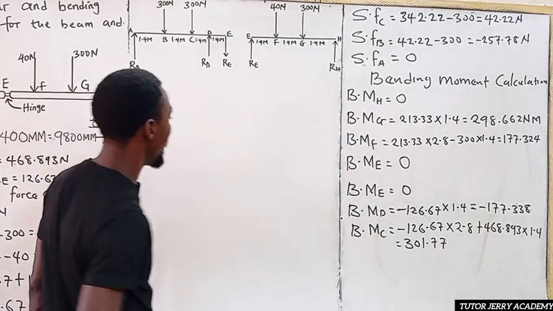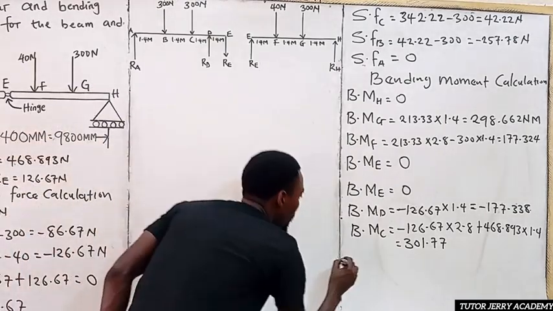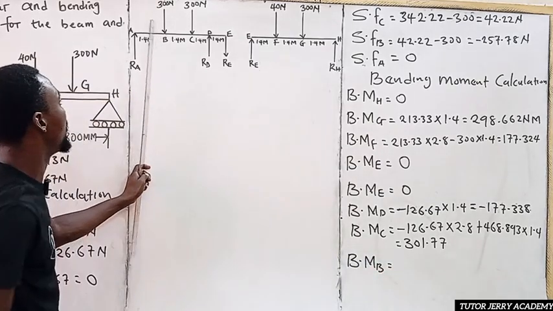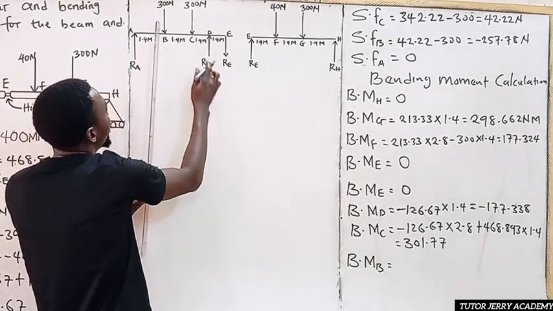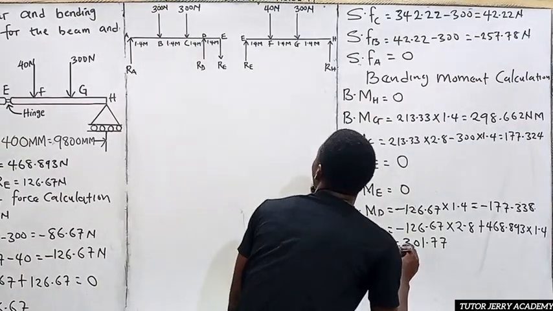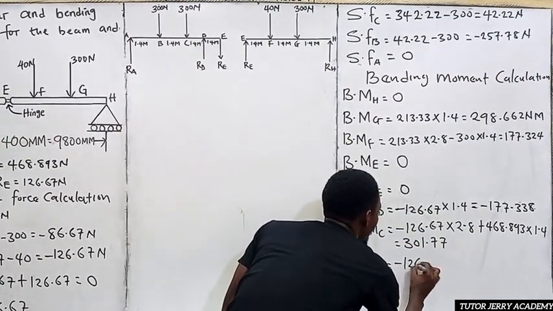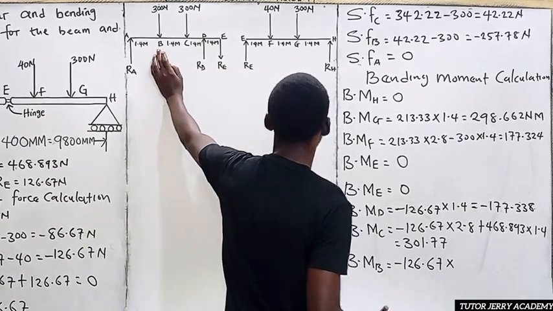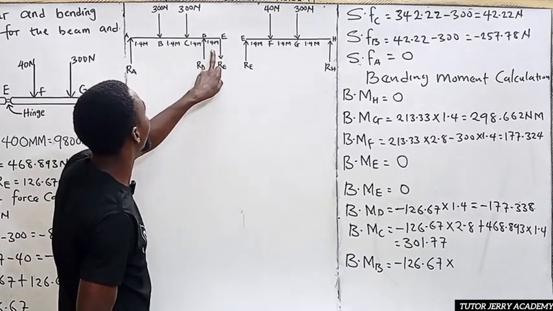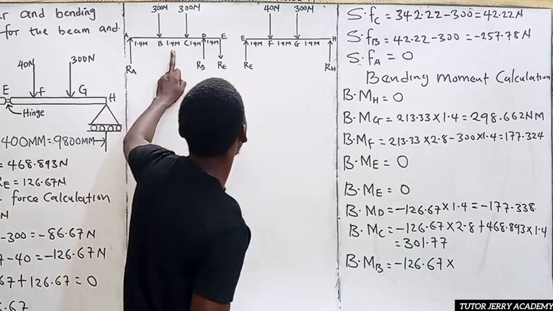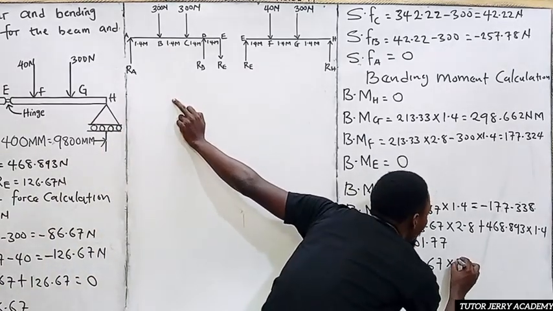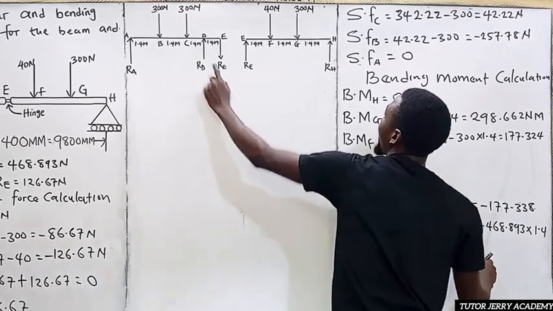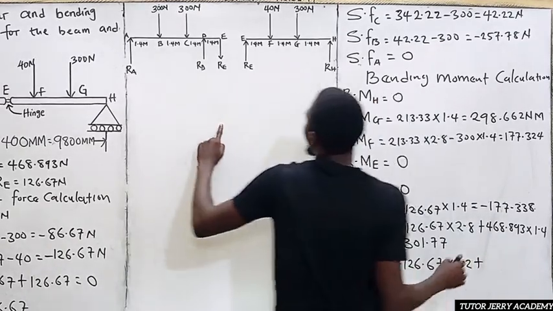All right. So now the next one is the bending moment at point B. If you stand at point B, we are going to have minus 126.67 multiplied by the total distance to B, which is 1.4, 1.4, 1.4. That is 4.2, then plus ROD.